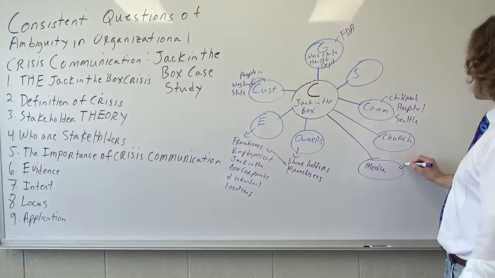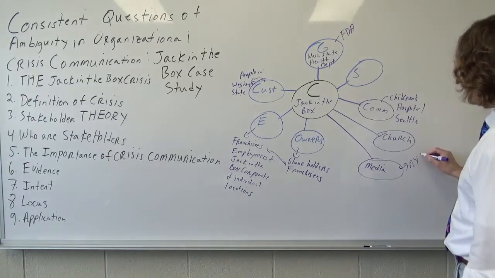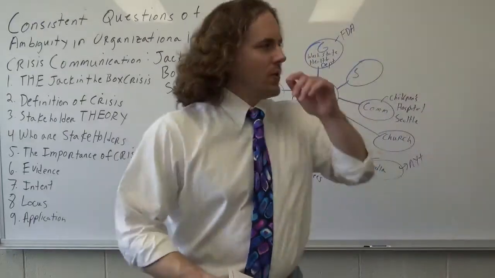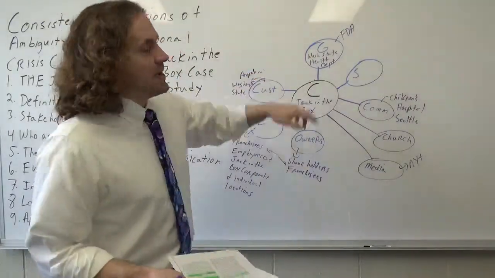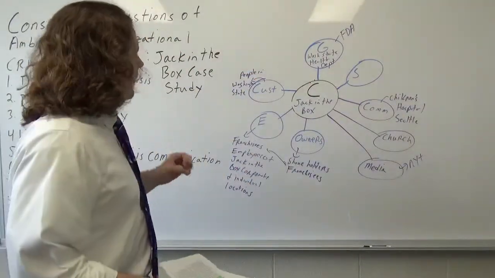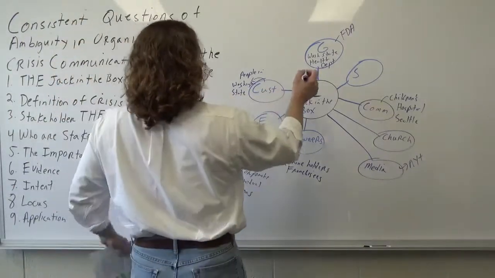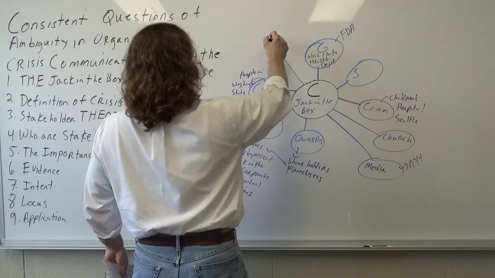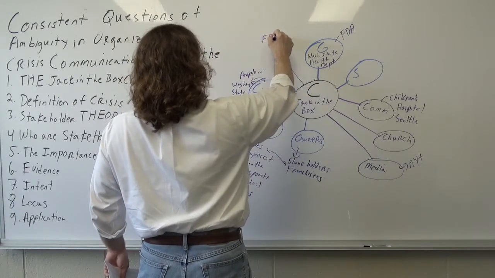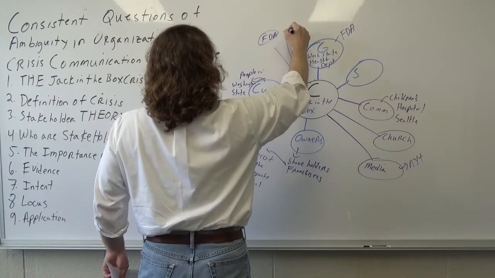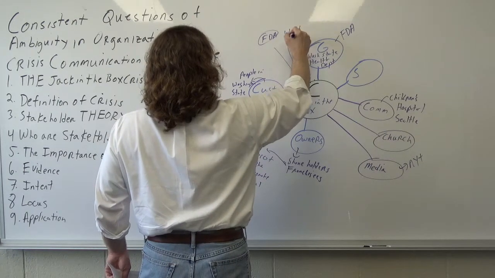Of course, media, because the New York Times is mentioned, etc., etc. Now, one of the things you can do in your stakeholder map, you can either fill in the bubbles just like I did, or you can actually draw one of these things out, like say, for example, FDA, Wash.